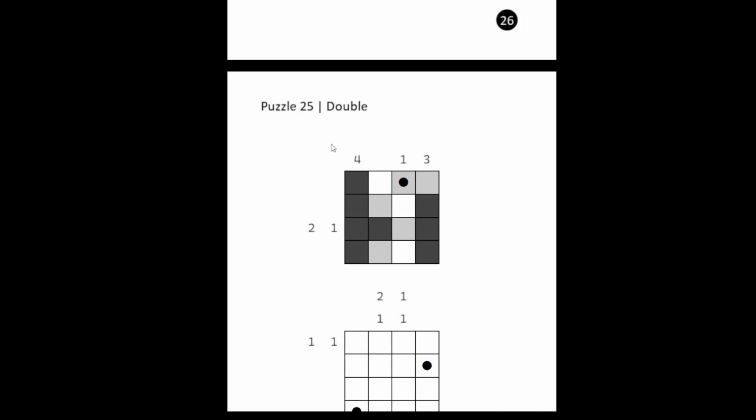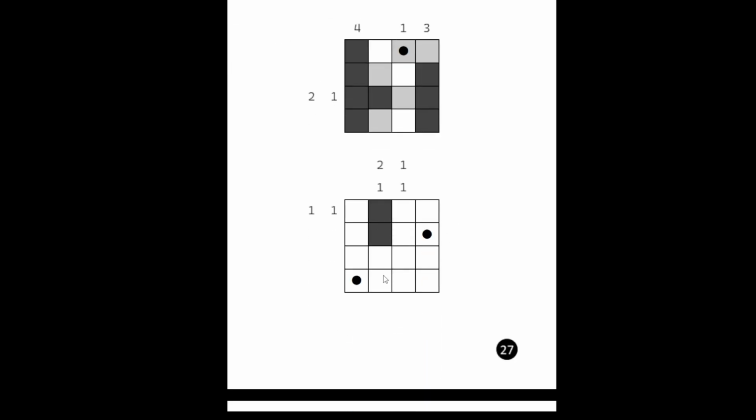So that's true for the corner cells of each grid, but maybe they can hop up and down in order to connect. So doing this one here, I believe this has to connect to this.